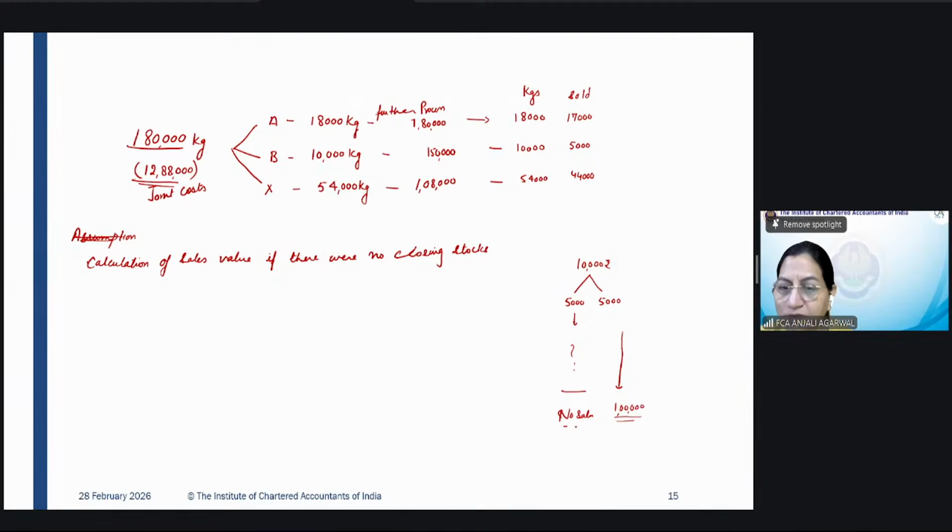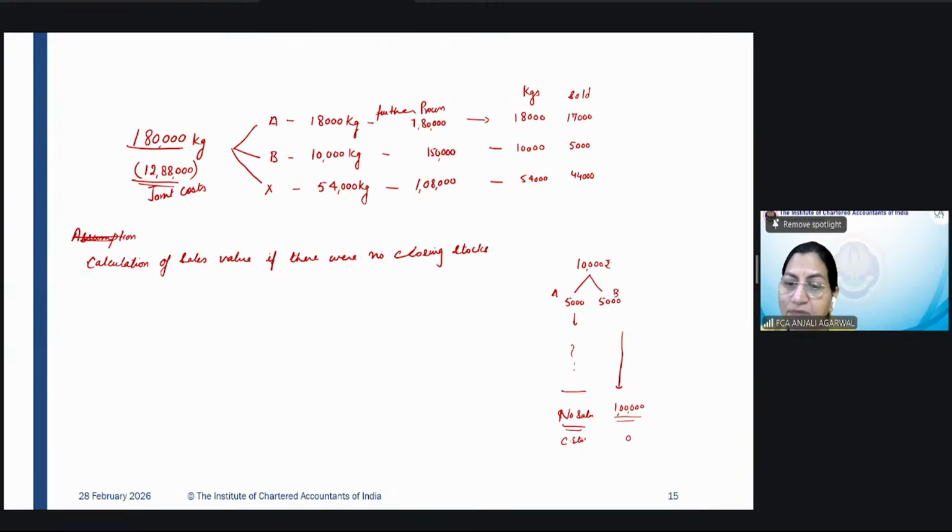So if you have closing stocks here, and here you don't have any closing stock, and then if you take the sales value, you will have sales value only for the product B, right? Not for the product A. Does it mean that the entire joint cost should be charged to product B only? No. So we would have to take a calculation that what if A was also sold and there was absolutely no closing stock.